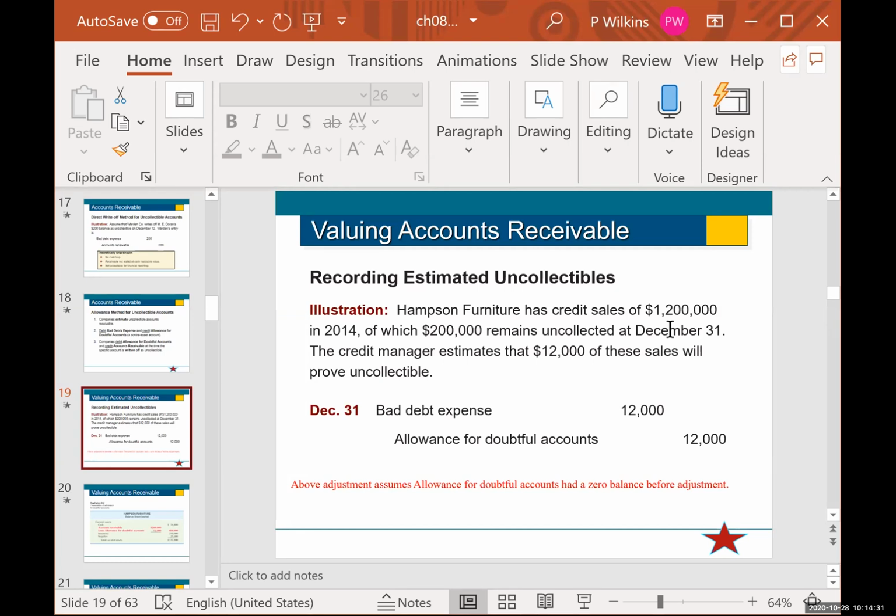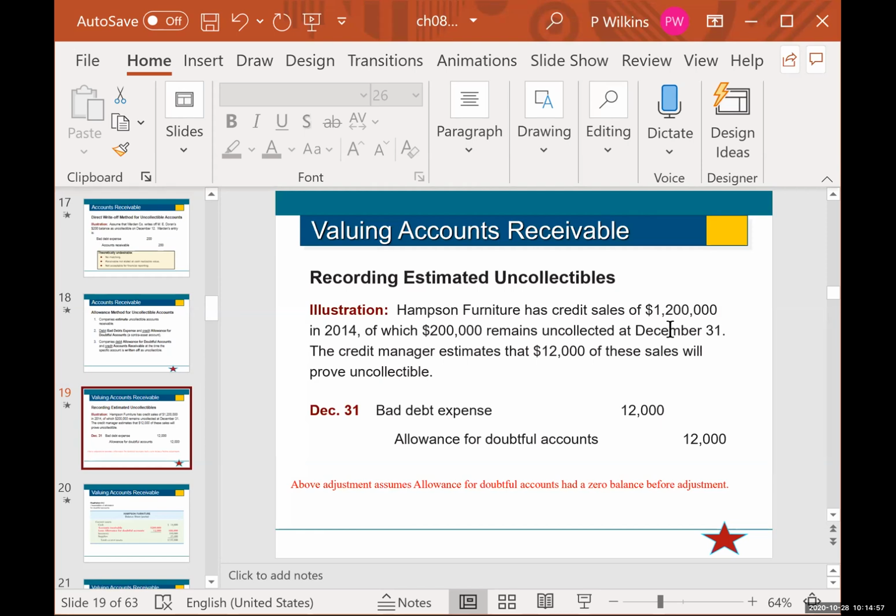So December 31, you're going to debit bad debt expense for $12,000, and you're going to credit allowance for doubtful accounts for $12,000, all right? Now, here's the very important part. On the bottom there, it says, above adjustment assumes allowance for doubtful accounts had a zero balance before adjustment. This is going to be really important that you pay attention to in your problem.